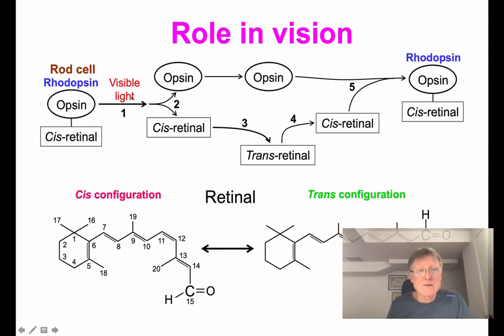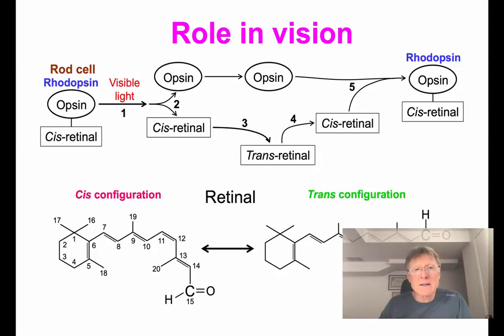You can see here you have opsin separated from cis-retinal. Now cis-retinal is converted into another form called trans-retinal. And then it's converted back into cis-retinal, and it binds again to opsin and forms rhodopsin again. So it's a cyclic process, if you will.